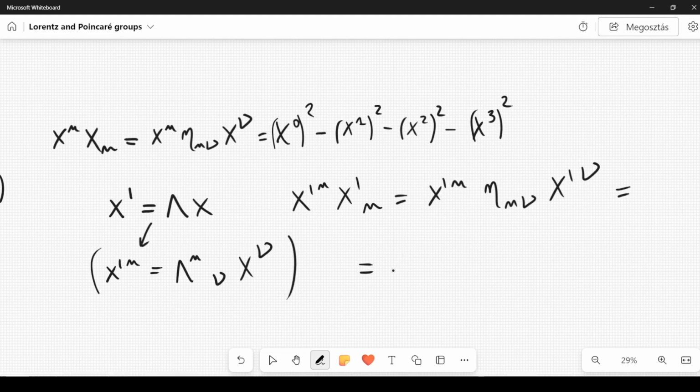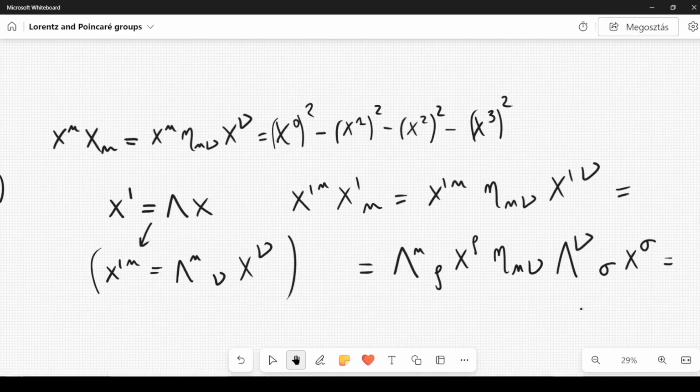So this is equal to Λ^μ_ρ x^ρ η_μν Λ^ν_σ x^σ, like this.